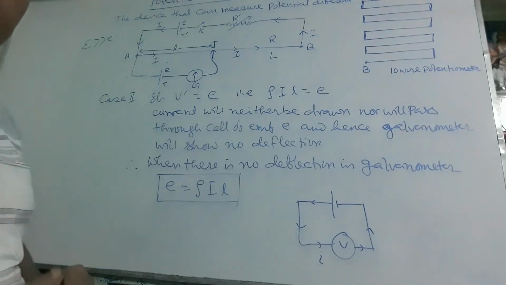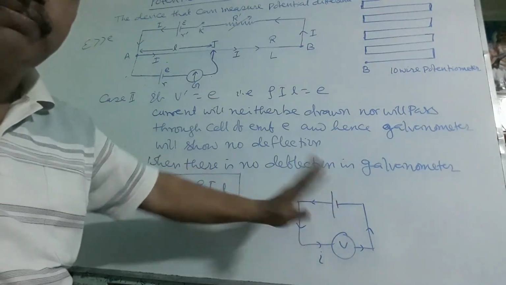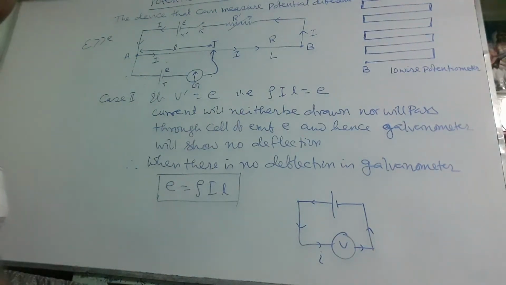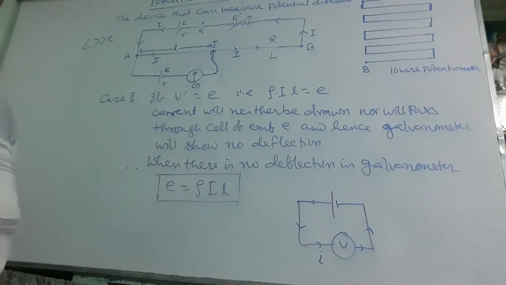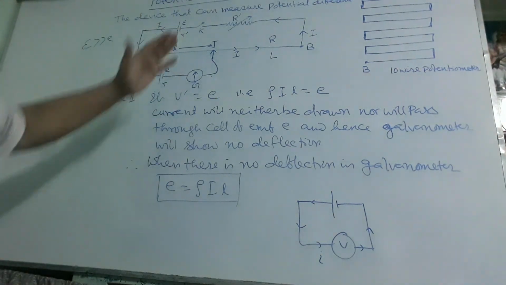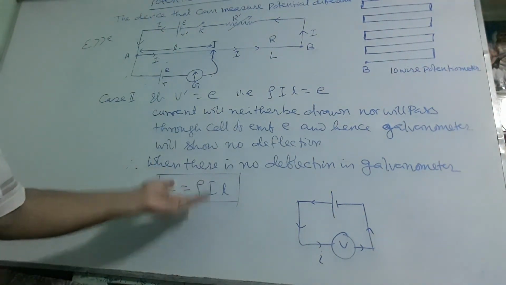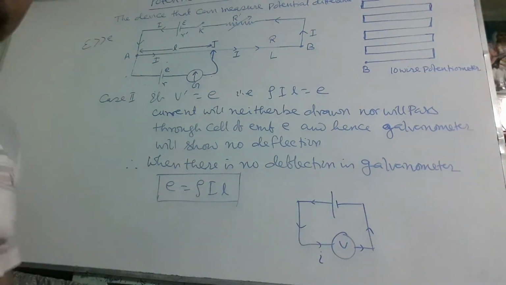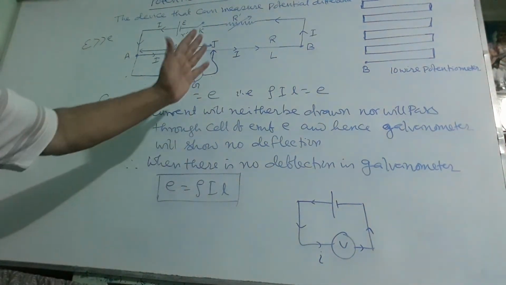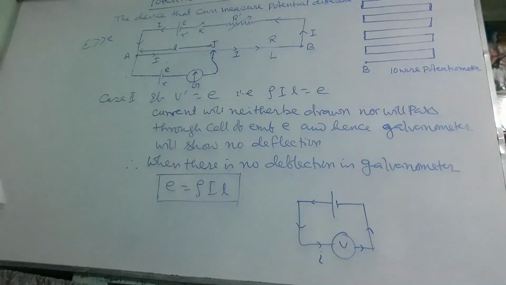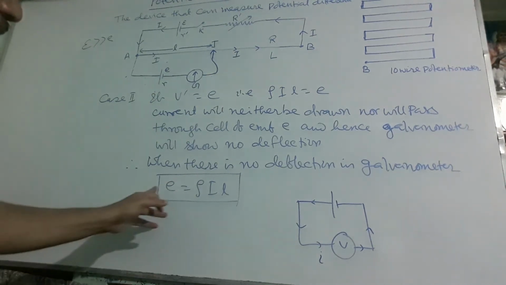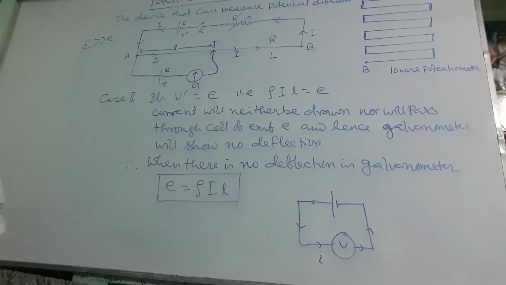That means we are measuring terminal voltage, not the EMF, because we are drawing some current. So if we measure EMF by a voltmeter, there will always be some error. But if we use this potentiometer to measure EMF, there will be no error. So this potentiometer can measure potential difference, terminal voltage or EMF very accurately without any error. This is the basic principle of the potentiometer.